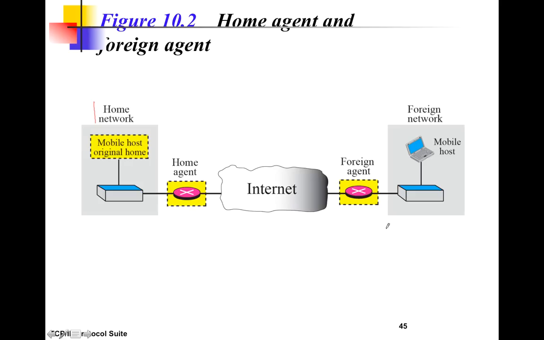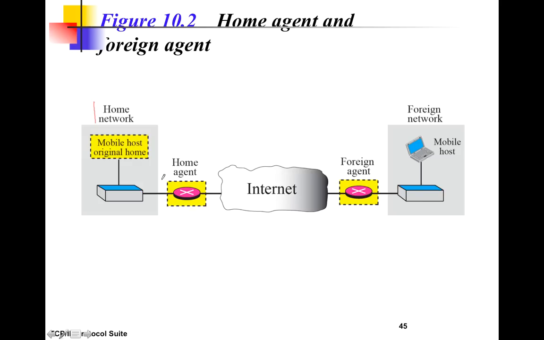Every network will have its own foreign agent and its own home agent. Every network will have its own home agent and mobile hosts. But this home agent can also act as a foreign agent for outside devices.